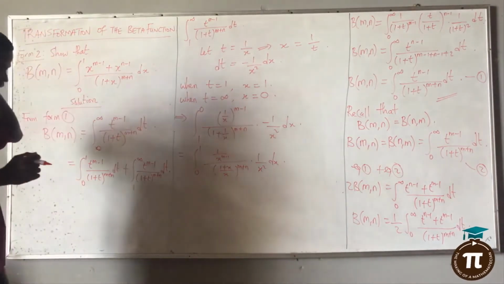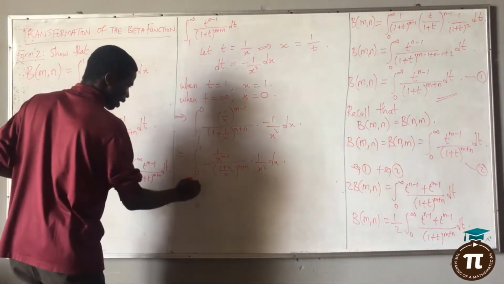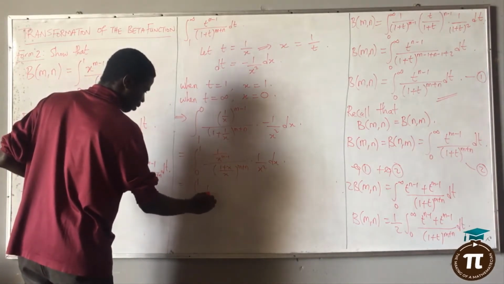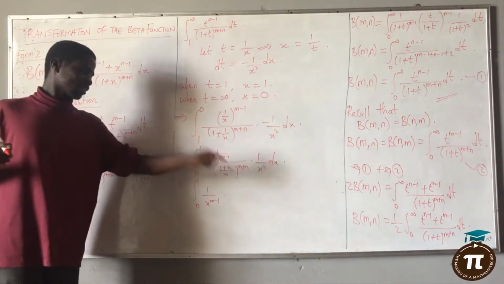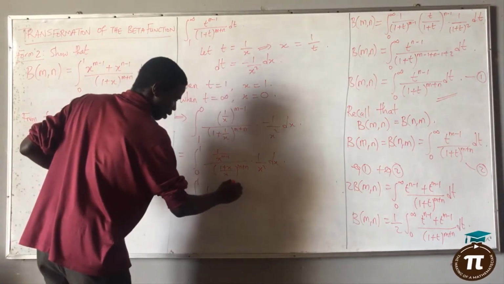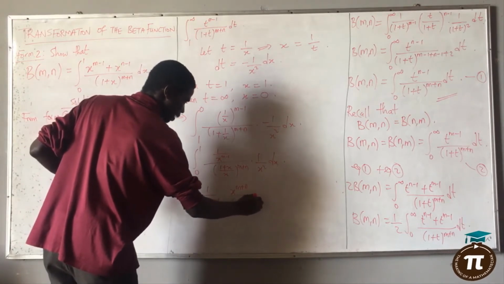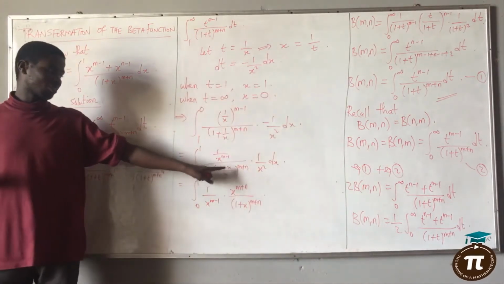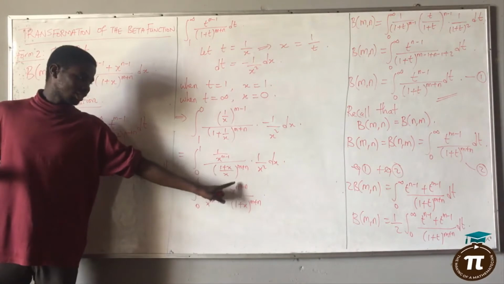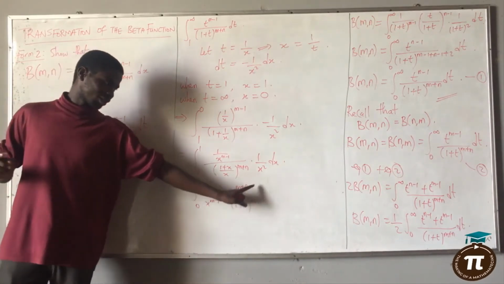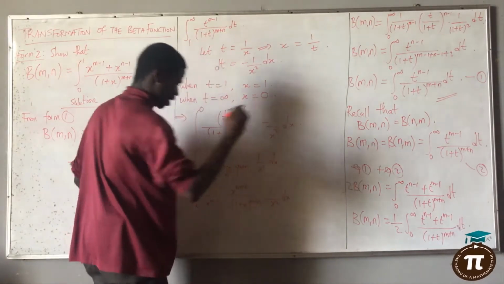So at the end of the day, to write it well, this will now be the integral from 0 to 1 of 1 over x raised to the power of m minus 1, multiplied by x raised to the power of m plus n, all over 1 plus x raised to the power of m plus n. This is according to the law of indices, multiplied by 1 over x squared dx.